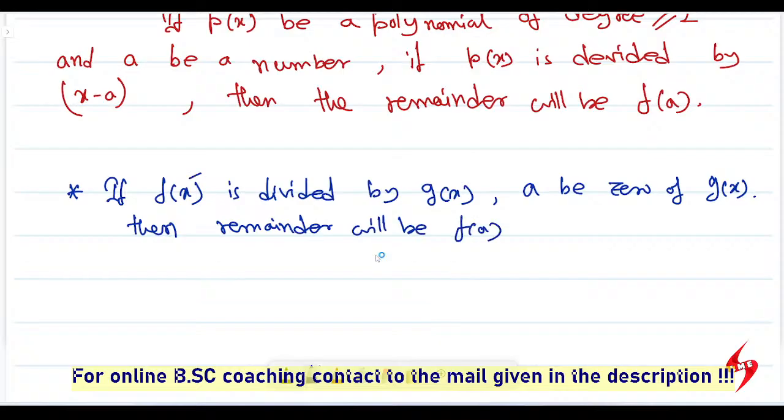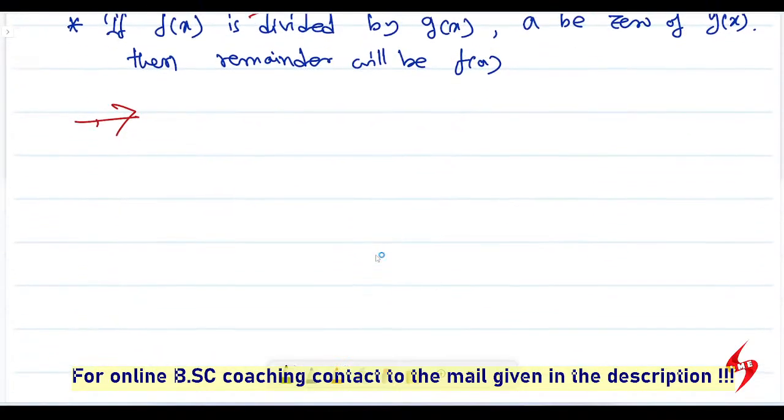So here f of x is a polynomial of degree greater than or equal to 1. That should be maintained. So let me prove the theorem.